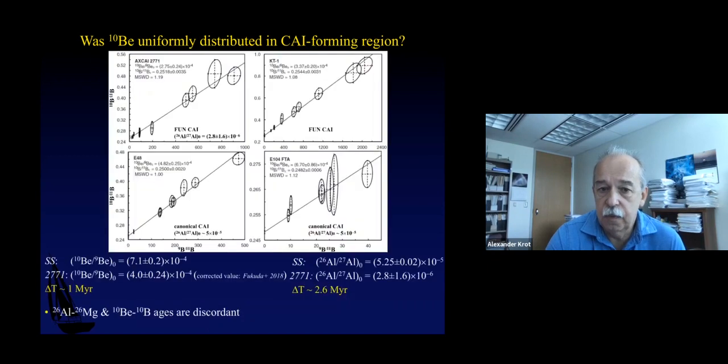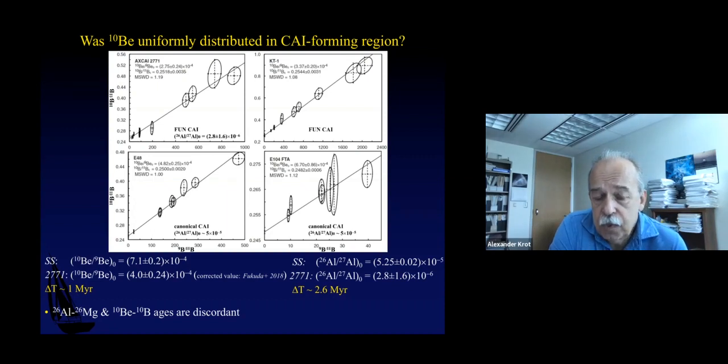But here's another example. This is the graph from the Wielandt paper. They analyzed two FUN CAIs and several non-FUN CAIs, which have a canonical aluminum-26/27 ratio. As you can see, all these CAIs have resolved differences in the initial beryllium-10/beryllium-9 ratio.